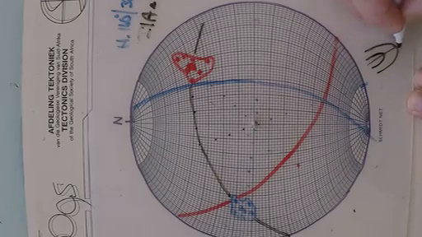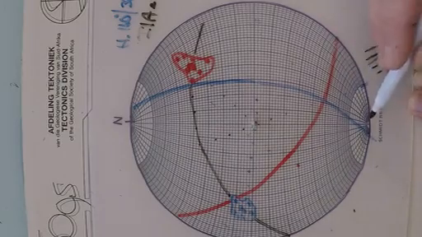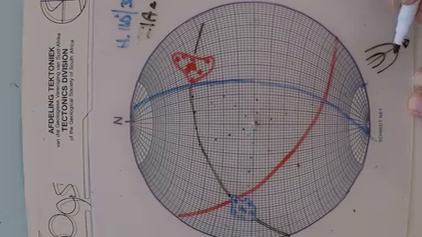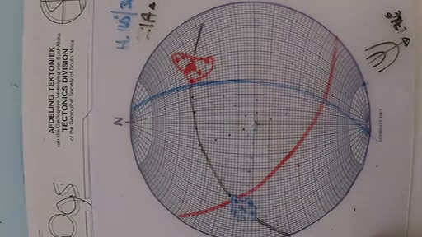So we could have read off that angle, and the direction of the trace would be somewhere in here, and let us just call it 174 degrees, for argument's sake. That's the direction. Remember, it's got no plunge because it's the intersection with the Earth's surface.